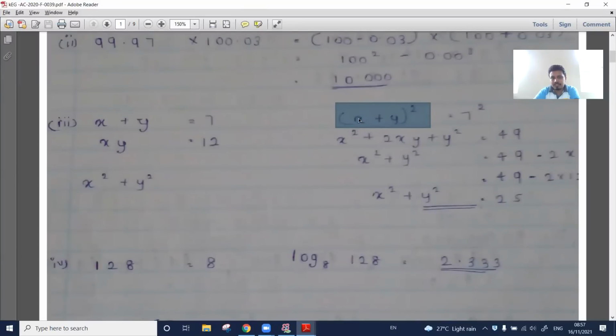Then first term into second term into 2: x into y is xy, into 2 is 2xy. Then the square of the last term, y squared. So once we expand it, we get x squared plus 2xy plus y squared equals 49.